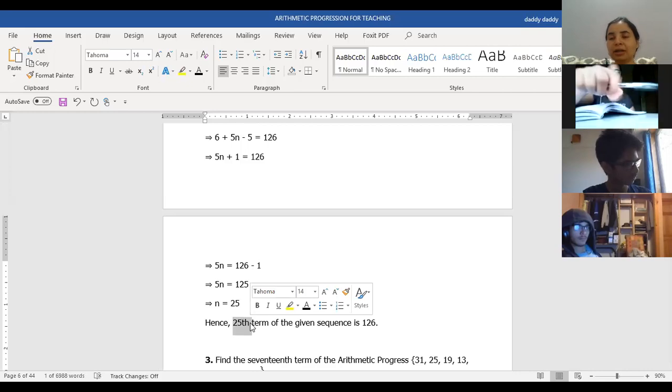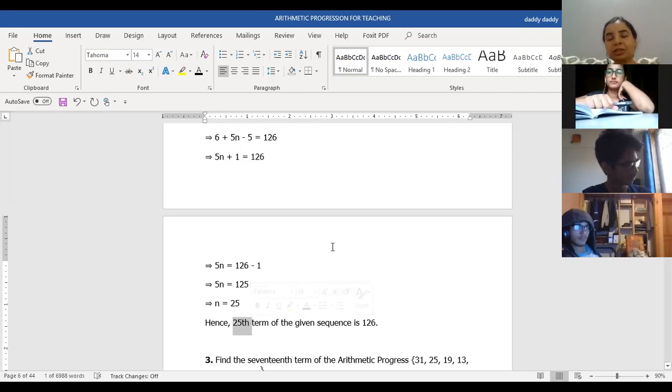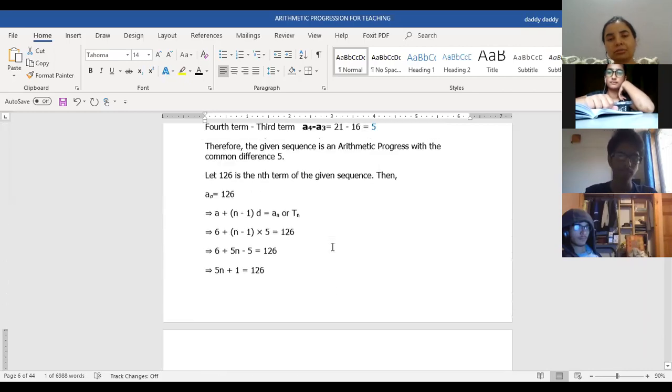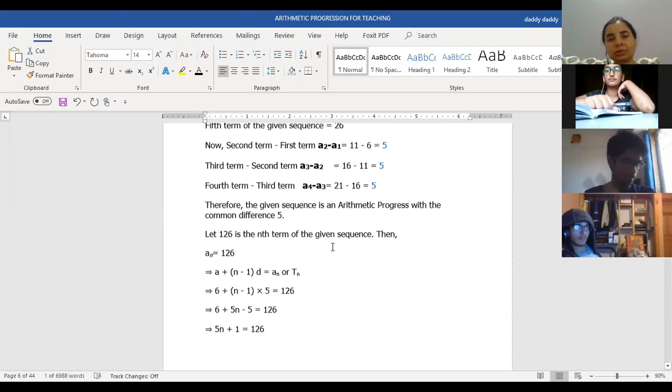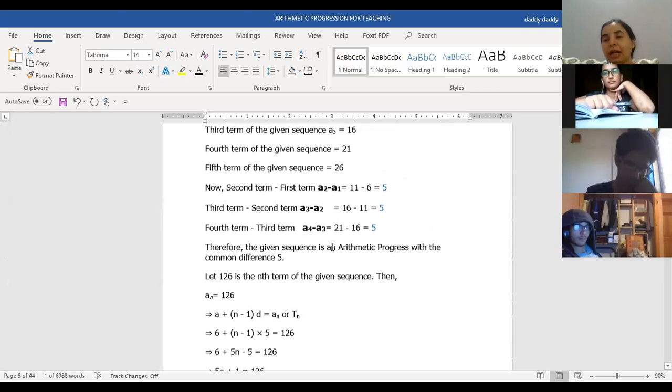So this is one type which you might get in the exercise. Please note it down. Here they had given you the value of the term and they were asking the position. Position is n, value is tn in the formula.